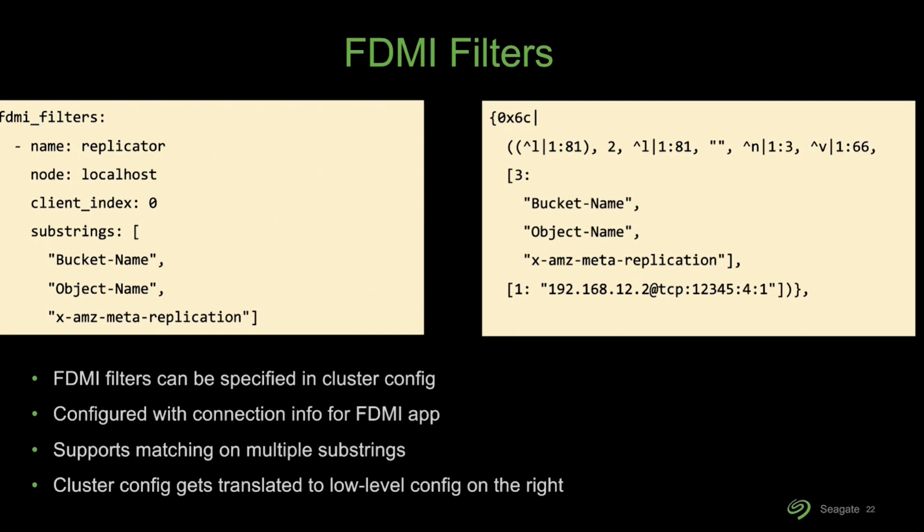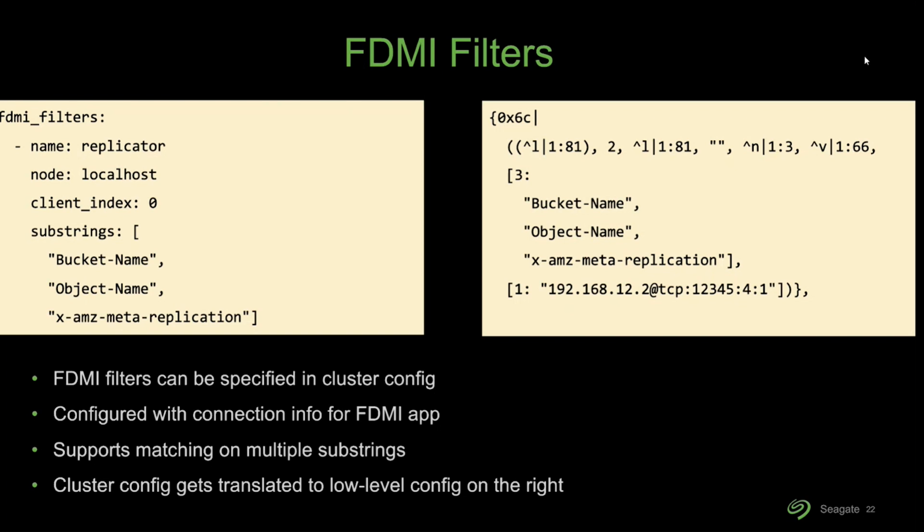So on the left, we have the YAML type cluster config. And here we're doing substring matching on bucket name, object name, and that replication header. So if we see an S3 object event coming through Motor, then it'll match this FDMI filter and notify the replicator.